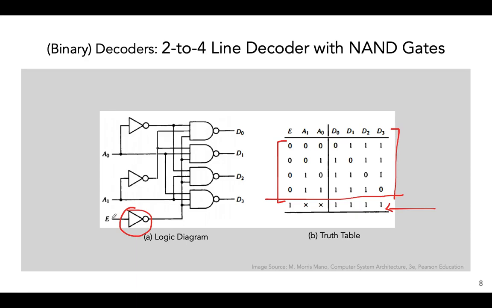That means when E is equal to 0, after passing through the inverter, it becomes 1. That means all these gates are getting E equal to 1, and these are the outputs that the decoder generates. And when E is equal to 1, after passing through the inverter, it becomes 0.